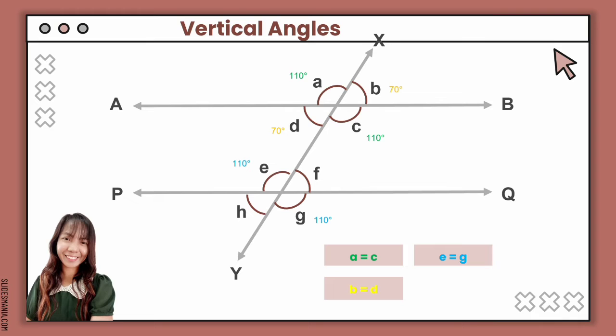So another vertical angles, angle F is equal to angle H because they are vertical angles. So for example, angle F is 70 degrees. The angle H is also 70 degrees. Alright?